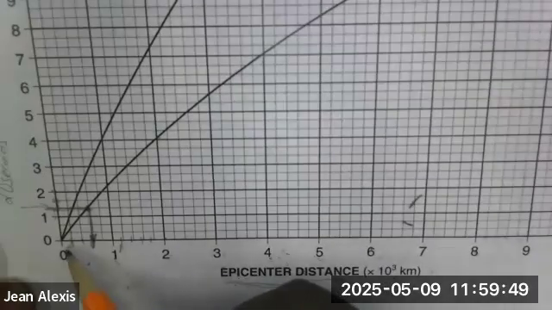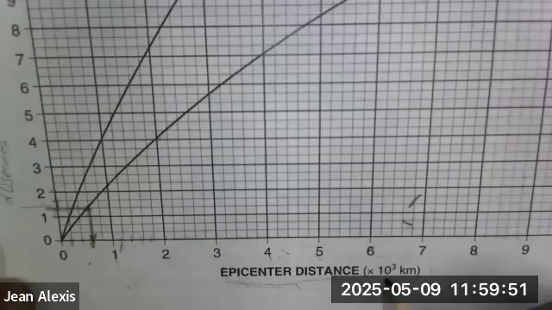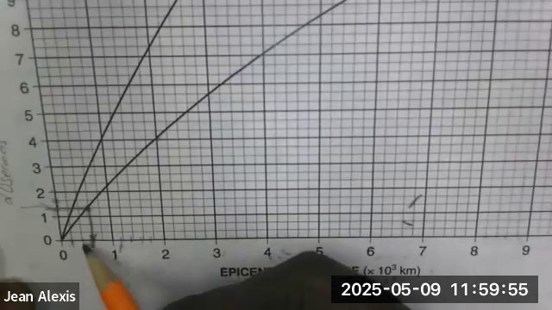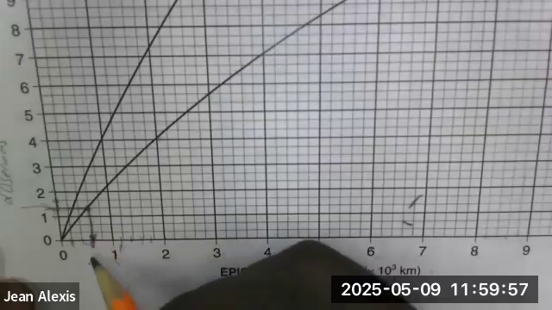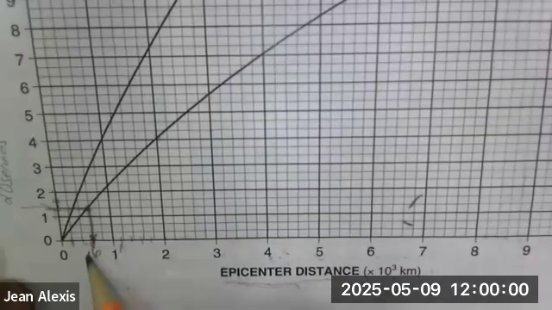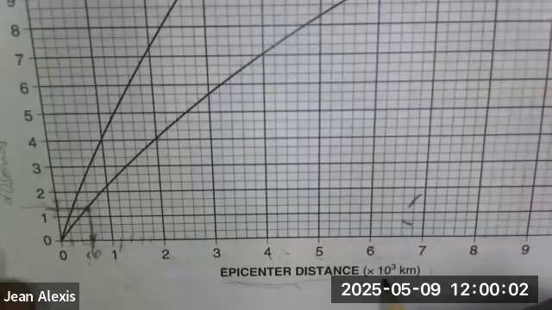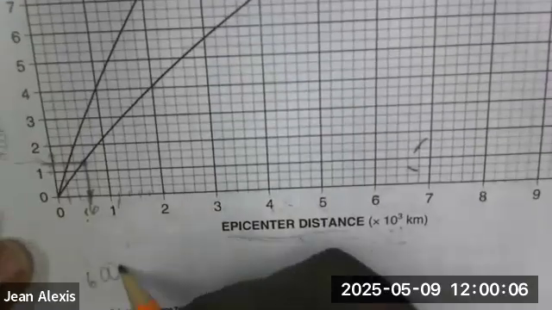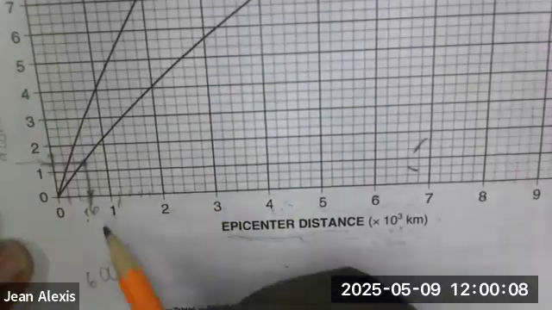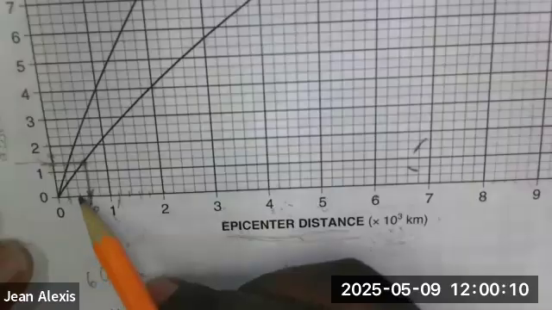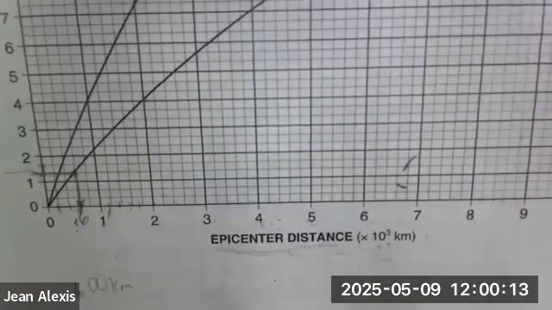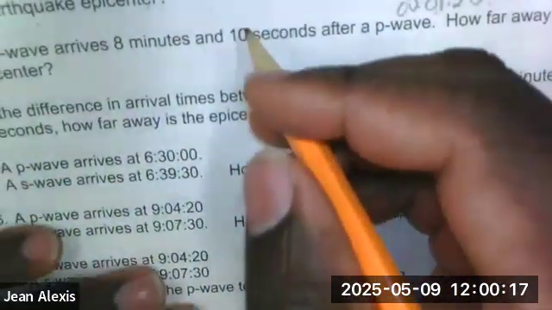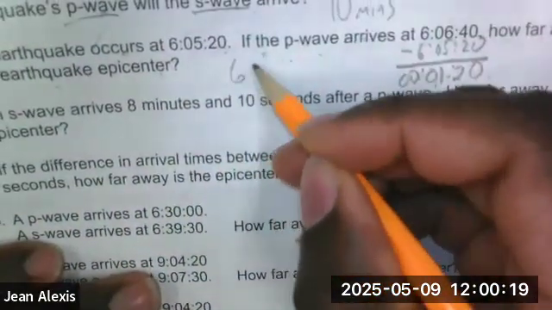Each line goes up by 0.2 multiplied by 10 to the 3, so it would be 0.2, 0.4, 0.6. And 0.6 times 10 to the third gives me 600 kilometers. You could also just think of it as each line going up by 200. So my correct answer is 600 kilometers.